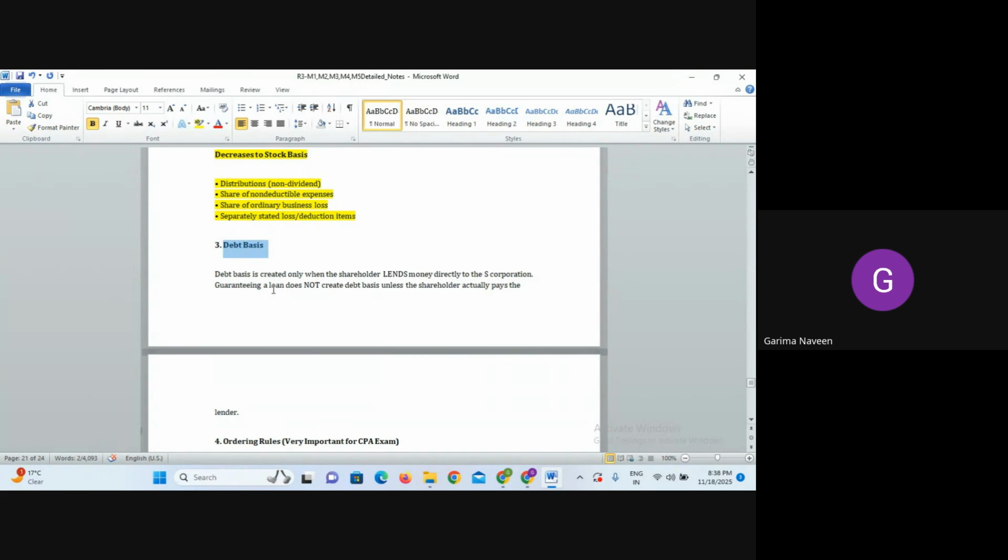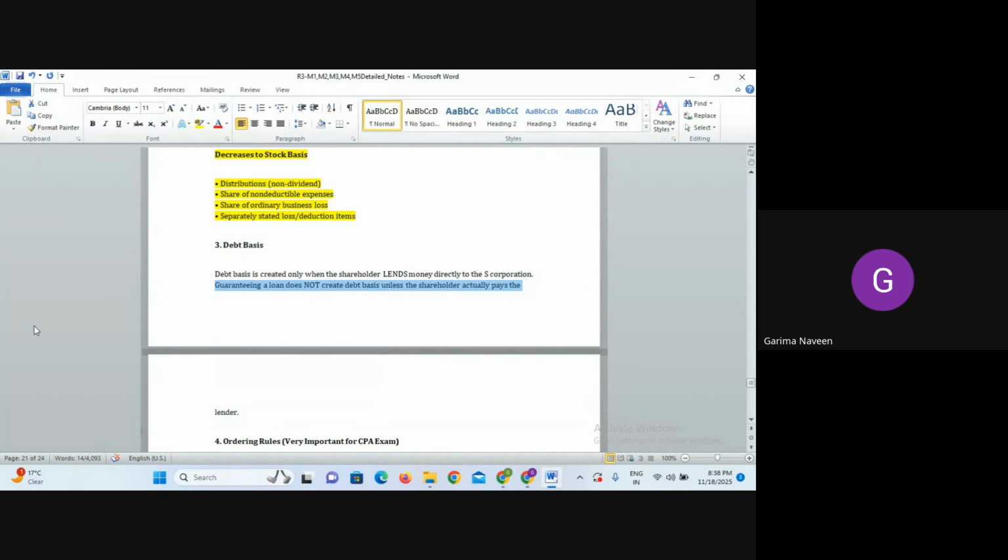Guaranteeing a loan does not create debt basis unless the shareholder actually pays the lender. Please remember, if a shareholder is guaranteeing some loan on behalf of the S corporation, then that loan will not add to your debt basis.